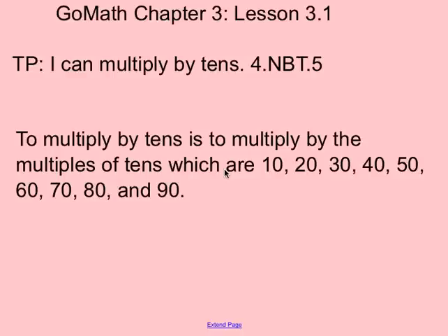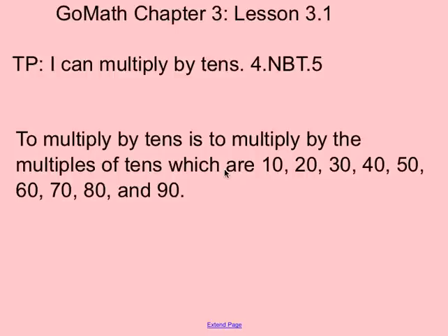So this is our first lesson into Chapter 3, which is multiplying a two-digit factor by a two-digit factor, so a 2 by 2. Teaching point: I can multiply by tens, and this is for standard 4.NBT.5.